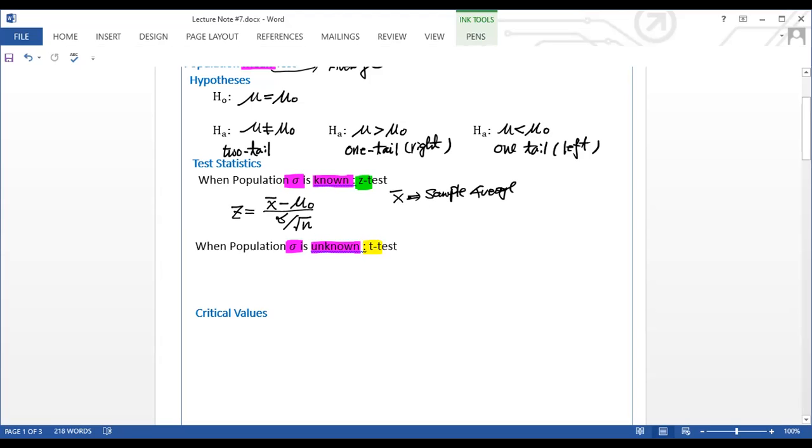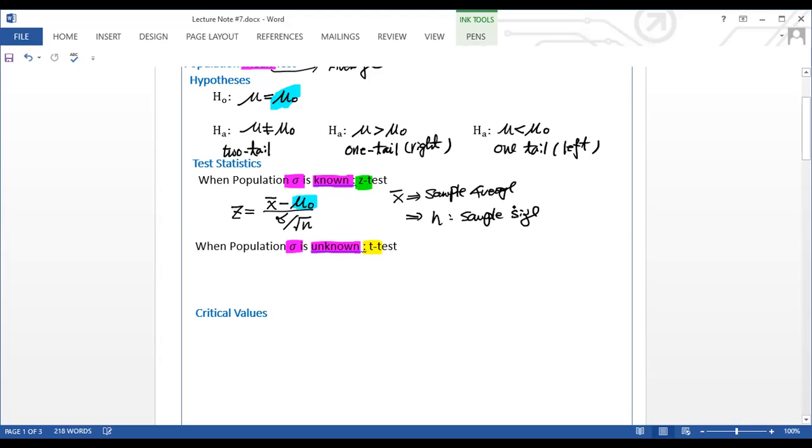That is the sample average. The mu 0 is the specific value we want to test in our hypothesis. Sigma is the population sigma they give you. And n is the sample size.